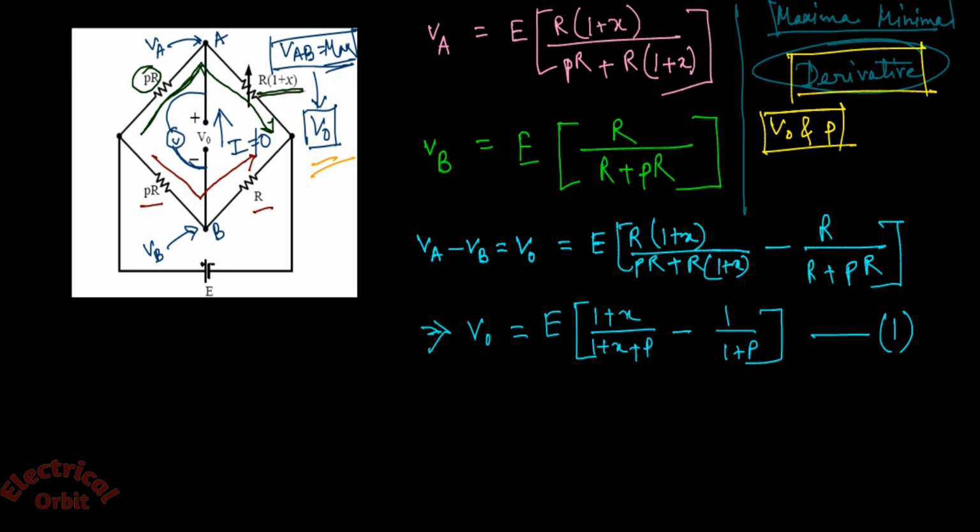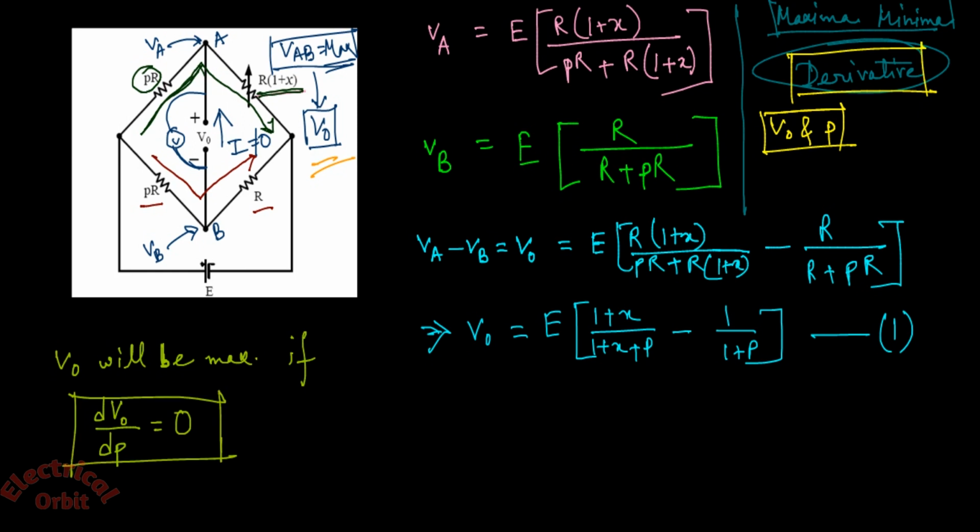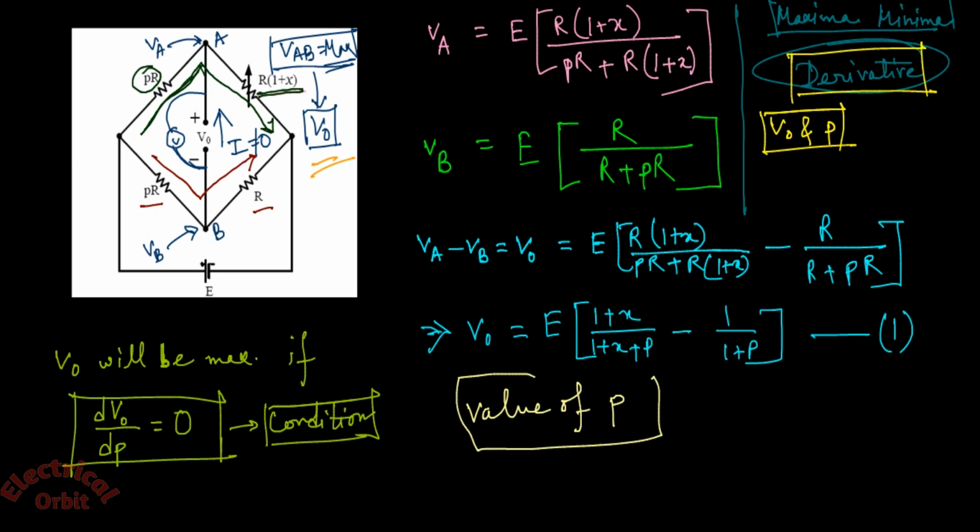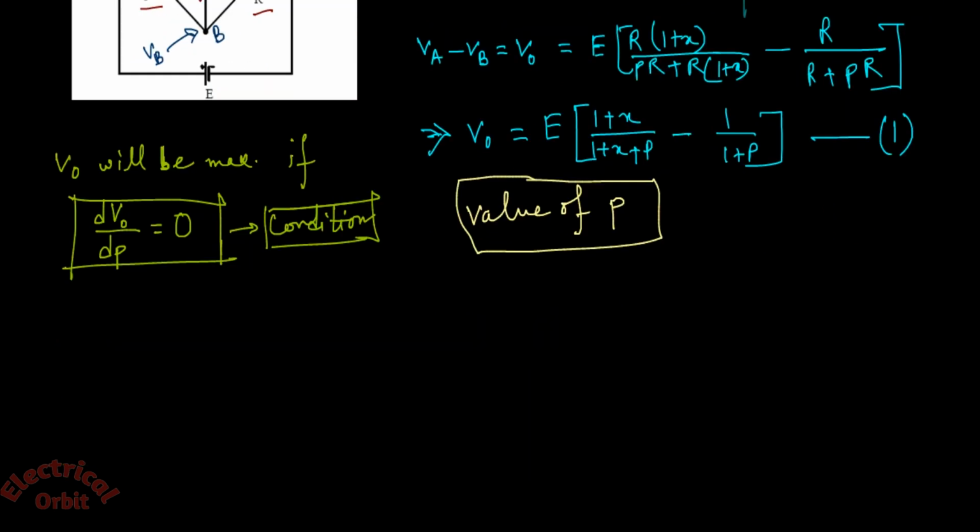So the value of V0 will be maximum if the derivative of V0 with respect to P is equal to 0. This is the condition, and if we proceed with this condition, then only we can determine the value of P that is asked in the question.